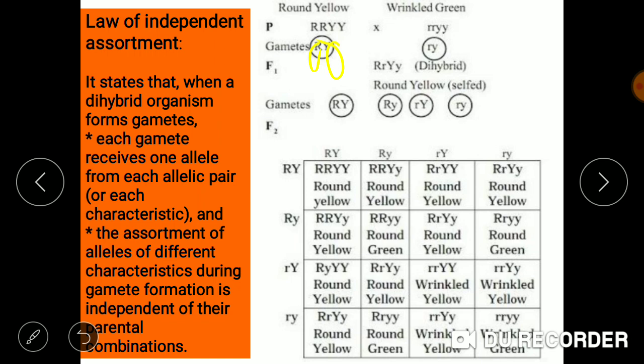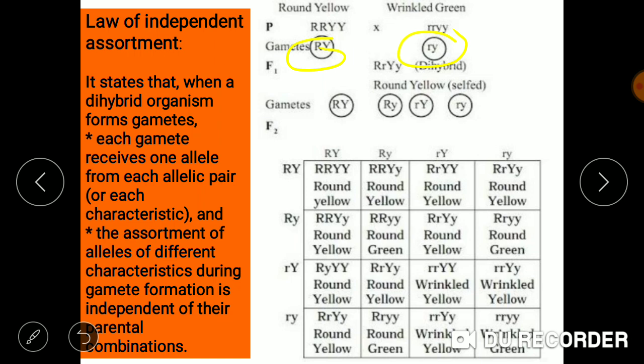Now we'll read the lines again. Whenever the dihybrid organism forms the gametes, each gamete receives one allele from each allelic pair or each characteristic. Each gamete here has taken one allele from the parent, so each gamete contains two alleles from the parents.